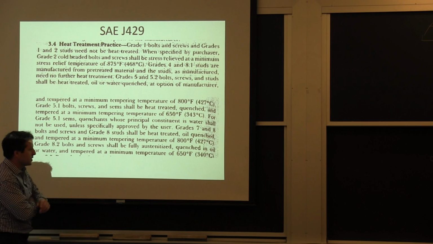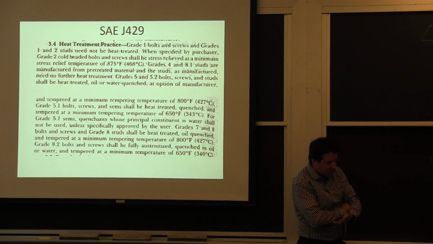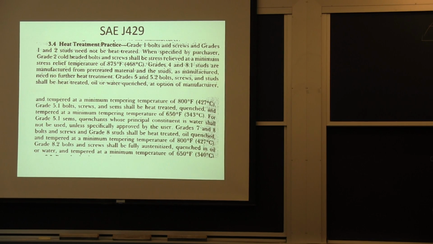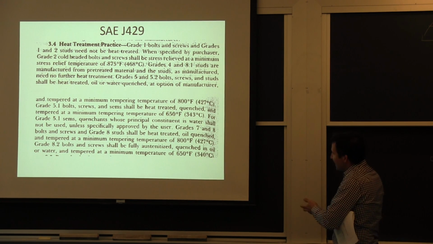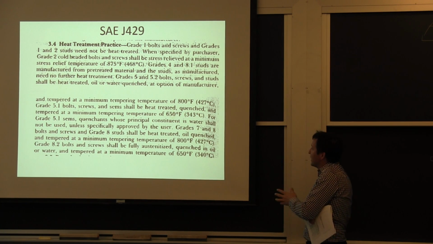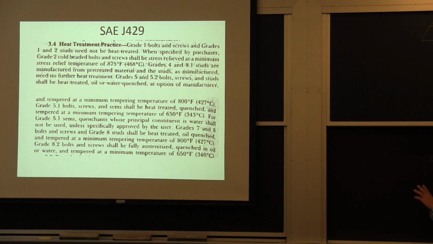Then it keeps going. So this is how you get your consistency and your higher performance, because you're being very specific about what you want. It's implied, and that's a part I'm not too excited about, but it's implied in this specification that you will form the bolt and then finish your heat treatment after that.